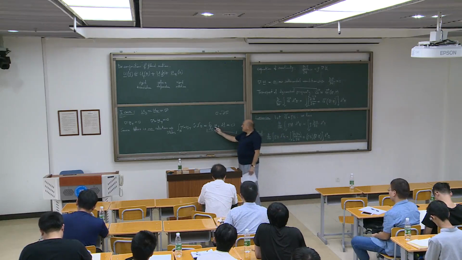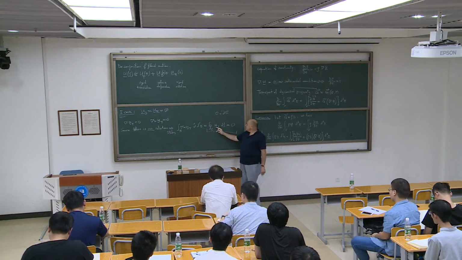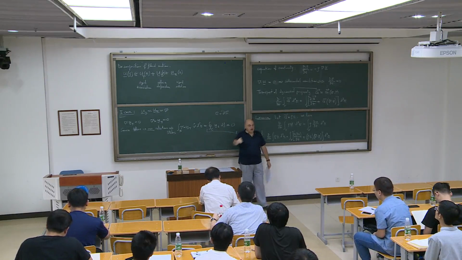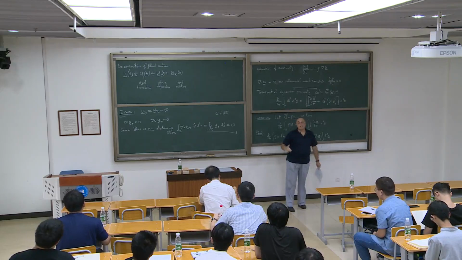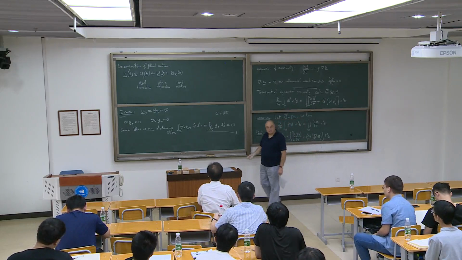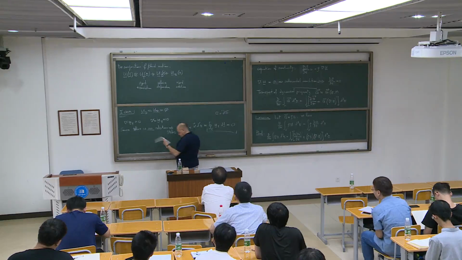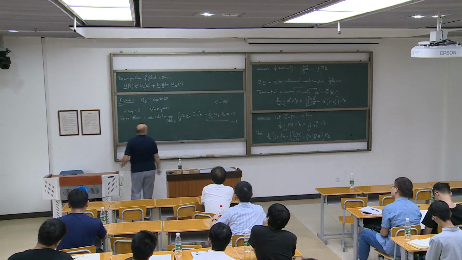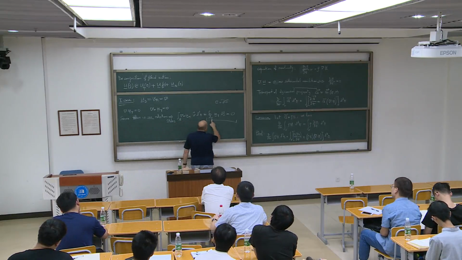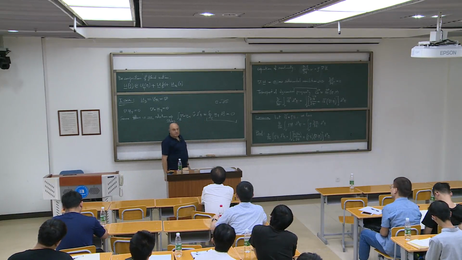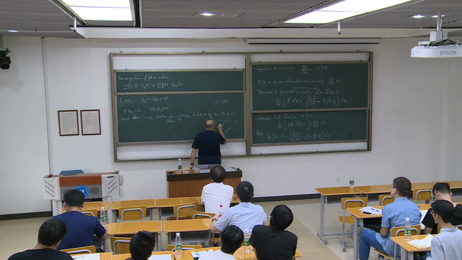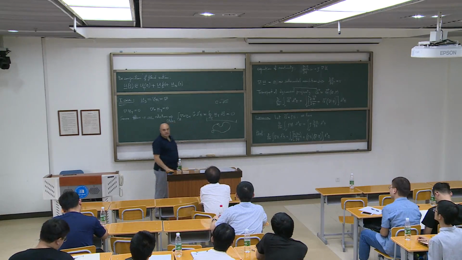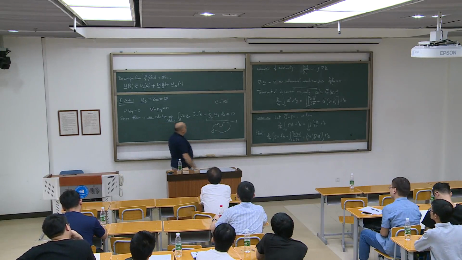I'm aiming at the fact that the circulation of ut along a closed circuit being 0 means that I can define a potential. Now, how do I choose C? Oh, any C. Whatever C I choose, this is 0.